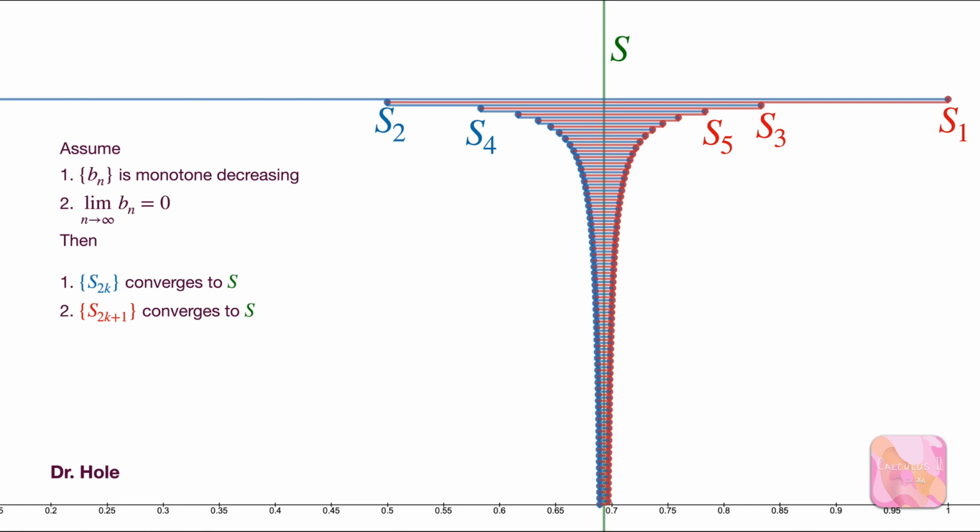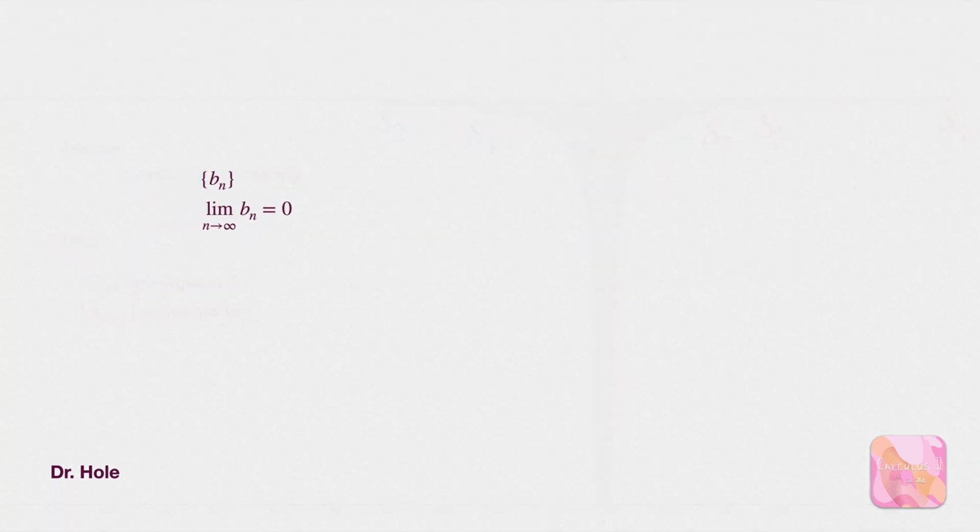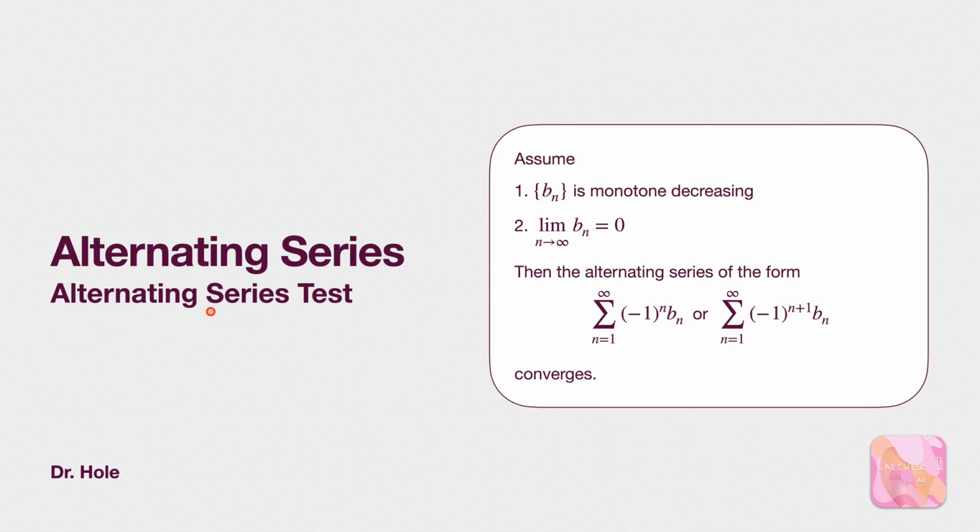Nice. So again, this gives that the sequence of even index partial sums will converge to S, and the sequence of odd index partial sums converges to S. And this is the alternating series test.